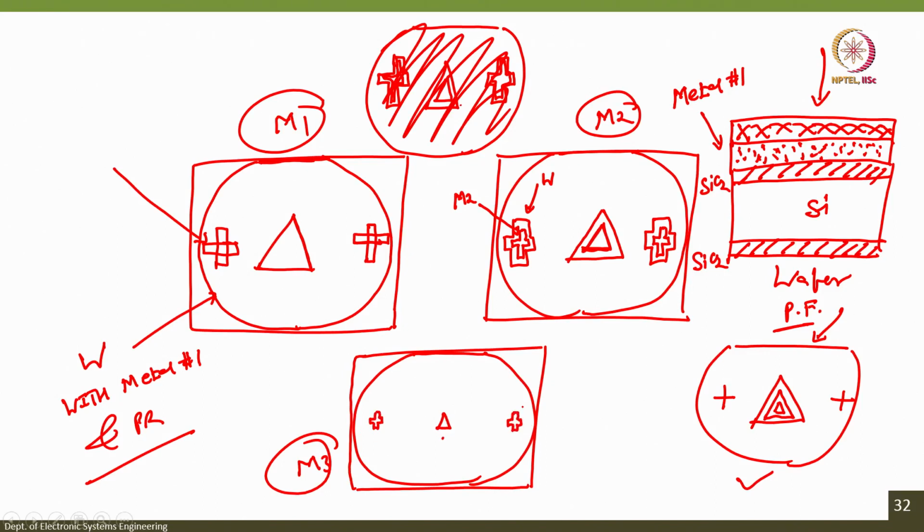I told you the alignment mark of mask 3 will be smaller than mask 2, smaller than mask 1.